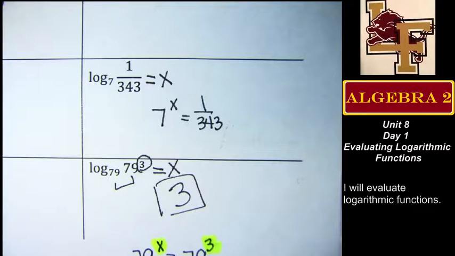So I have a whole number base and a fraction result. To make that happen, my exponent had to be negative. When we were evaluating exponents last unit, I said anytime you have a negative exponent, you flip the base.